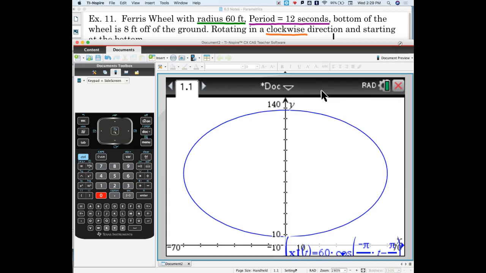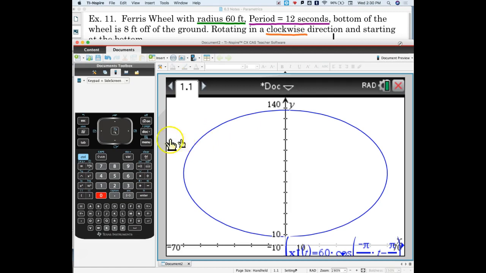Now, Napper and I were up here talking, and every time that he graphs this, he gets this. And that doesn't look like a Ferris wheel, because it's not circular. The reason is the scaling that we chose, it's stretched out horizontally. Your brain's telling you it looks like an ellipse, but mathematically it's a circle. It's just the visualization of it.